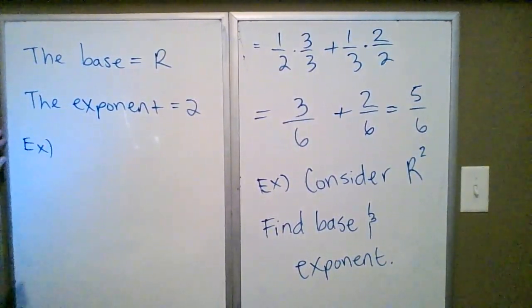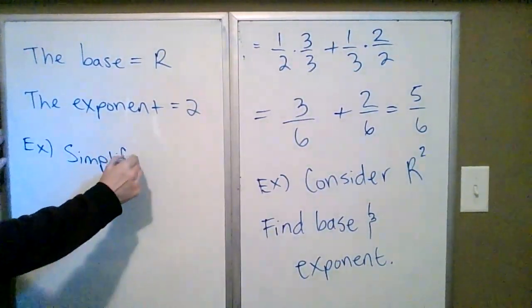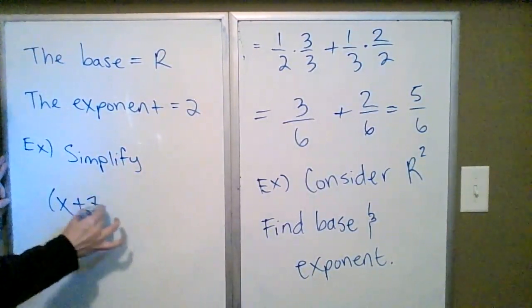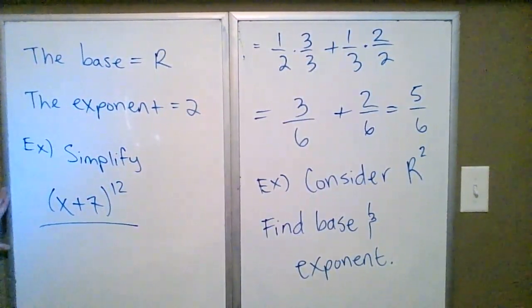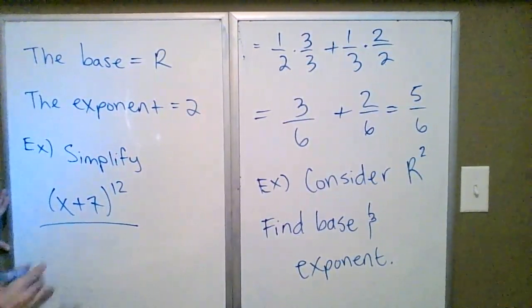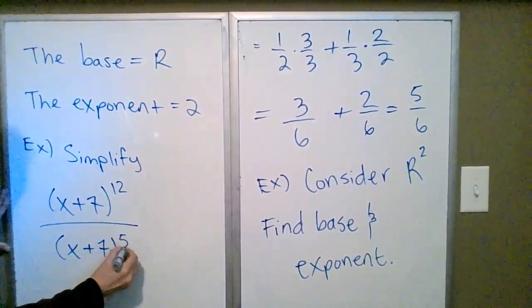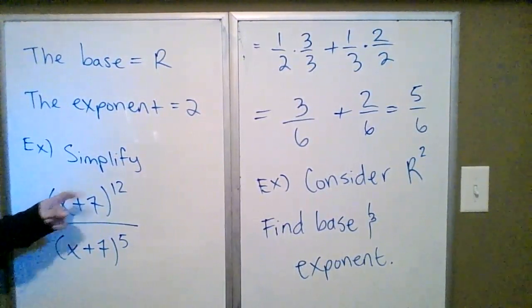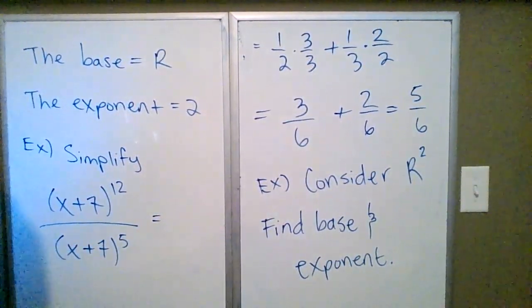This time we're going to simplify. It's x plus 7 to the 12th over x plus 7 to the 5th. We're going to use a base of x plus 7 and a power of 12 minus 5. And that's our answer.